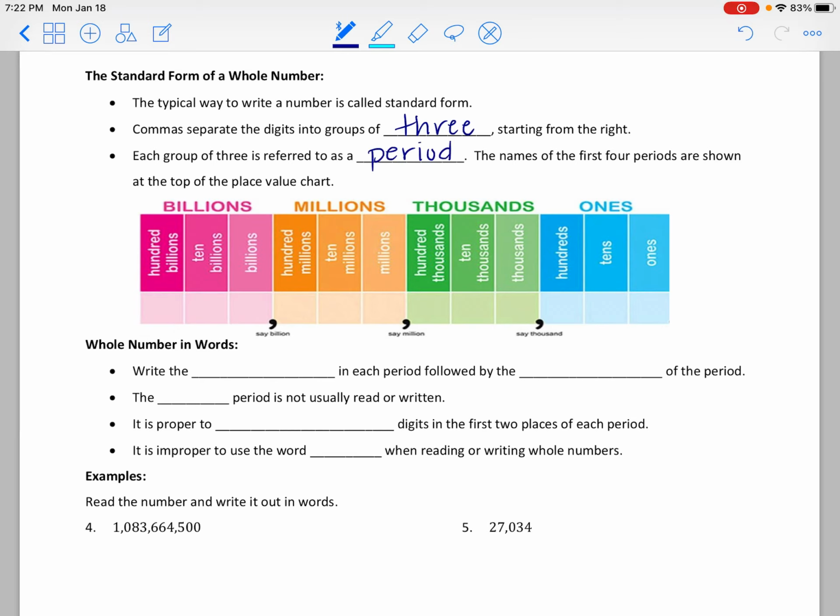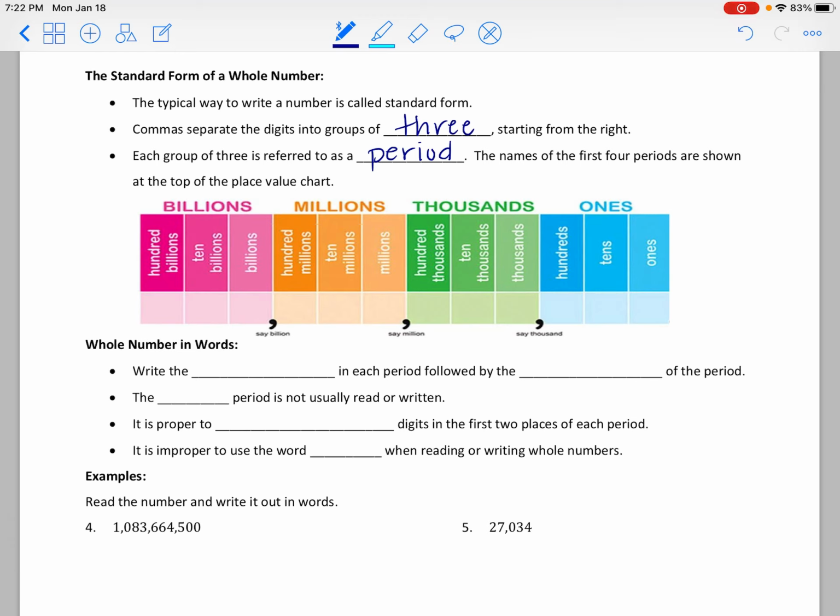So what we put in the place value chart was the first 4 periods. So the ones is the first period, thousands would be the second period, millions the third period, billions the fourth period. And again, each period just represents a group of 3. And again, you're reading the end of that period with each of the commas.